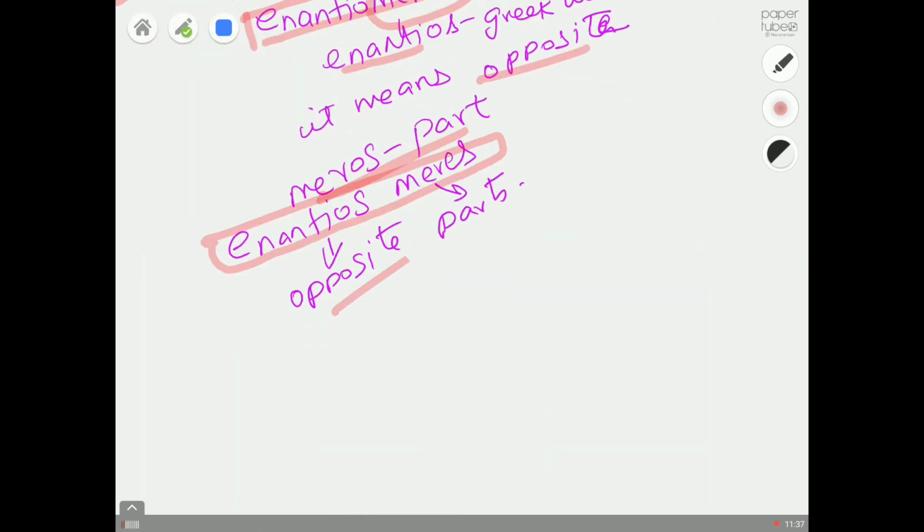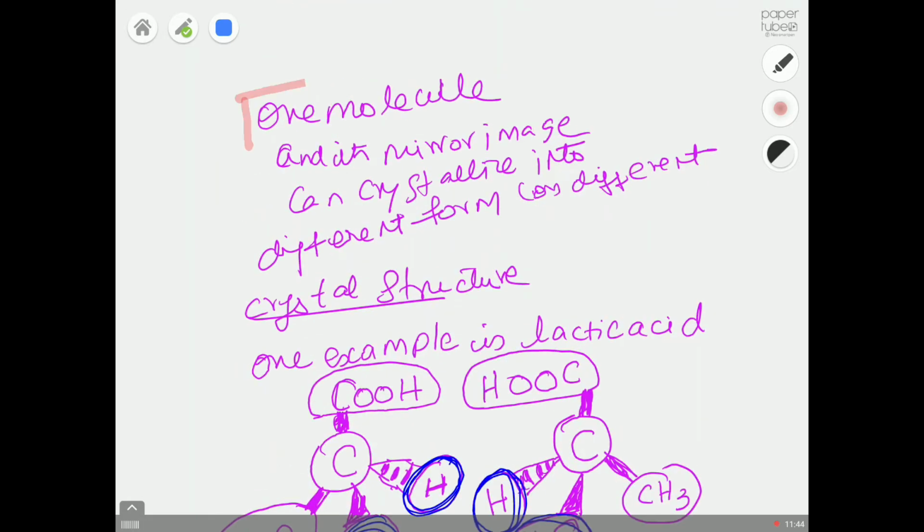So it means opposite parts. What do I mean by that? I know most of you know what enantiomer means, but I will say it quickly. You take one molecule and you take the mirror image of the other molecule.